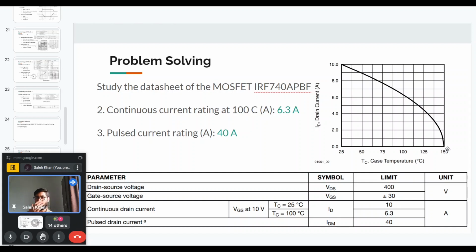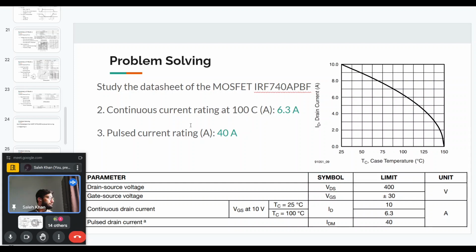Here we are asked about the continuous current rating at 100 degrees, which is directly given in the data sheet as 6.3 amperes. We can also match it from this figure: at 100 degrees, it will be around 6.3 amperes. And the pulse current rating is 40 amperes. This applies if you are providing pulses of current.